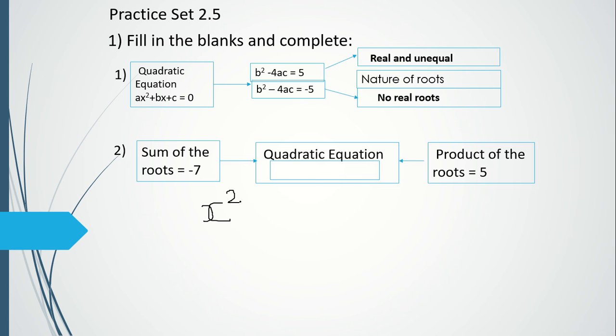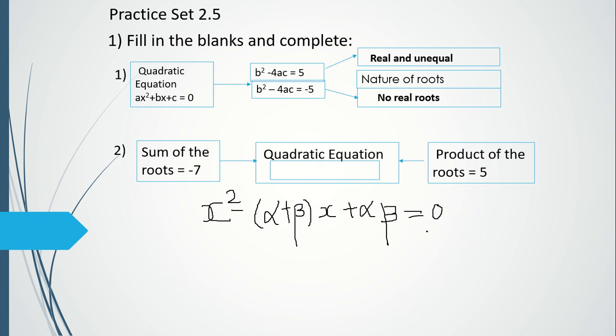X we can choose. x square minus sum of the roots, that is alpha plus beta we had got, times x plus alpha into beta is equal to 0.